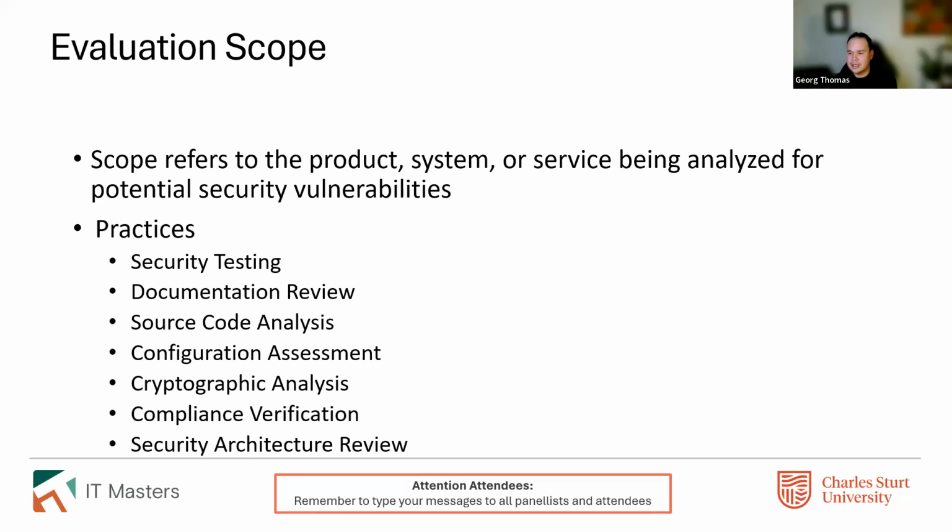Again, looking at things like configuration and cryptography, and making sure that it's using supported and non-weak ciphers and algorithms. Reviewing security architecture. So is this best practice? If you look at something like AWS, for example, they have the AWS Well-Architected Framework, and looking at how the AWS system should be architected for best security practices.